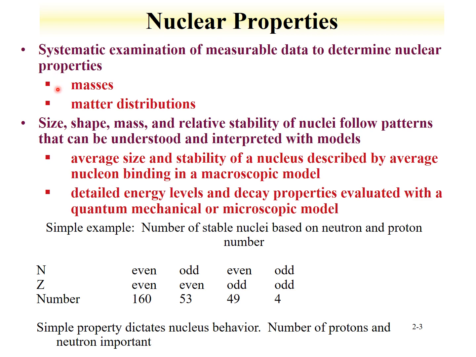So we'll look at masses and how those change systematically. And then we'll talk about distribution of matter, and what that really means is density within the nucleus. And we'll discuss those terms and how they're derived. So fundamentally, size, shape, mass, and stability of nuclei follow patterns that can be understood.